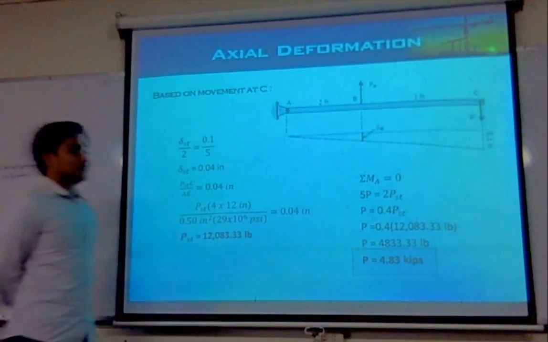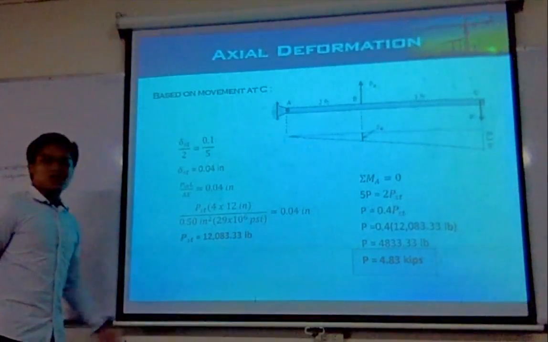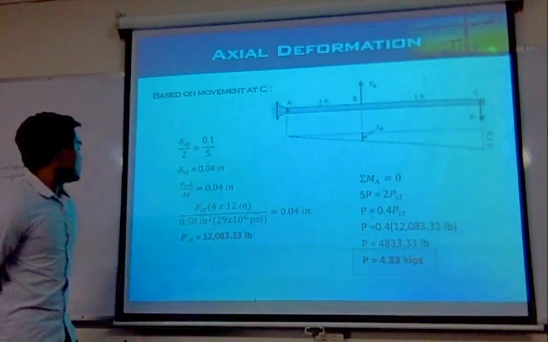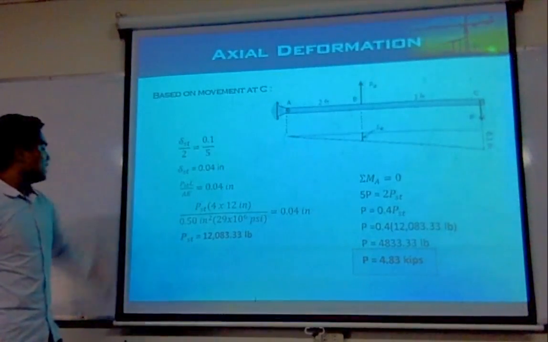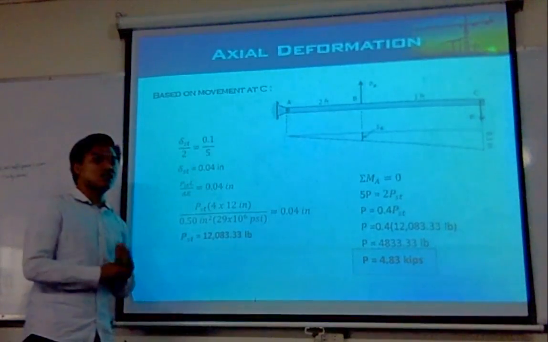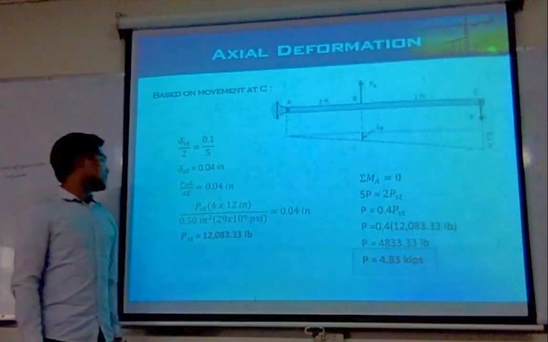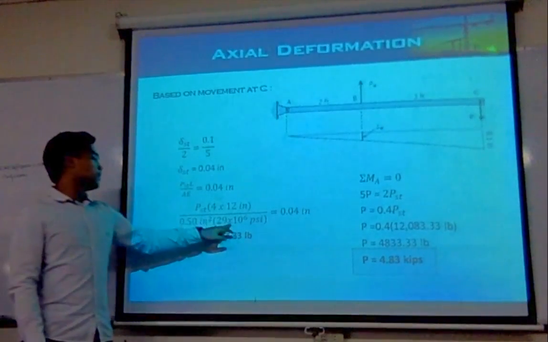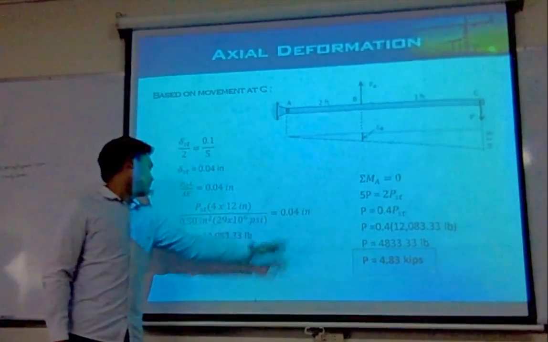We all know that elongation is equal to the force times the length over the product of area and elasticity. The length of the rod is 4 feet, and we convert it into inches. 4 times 12 inches over 0.50 square inch times 29 times 10^6 psi is equal to 0.04 inch.